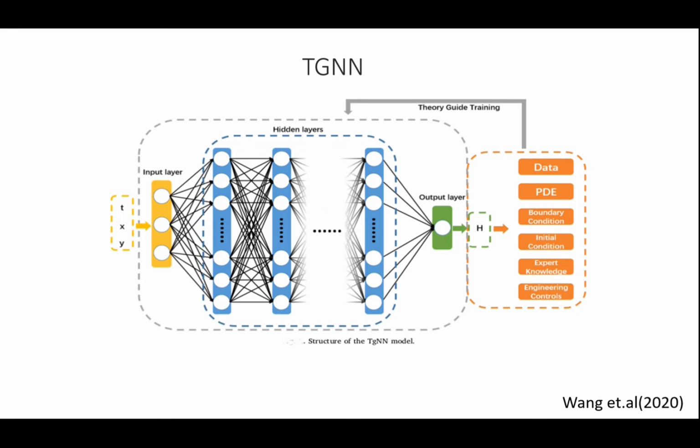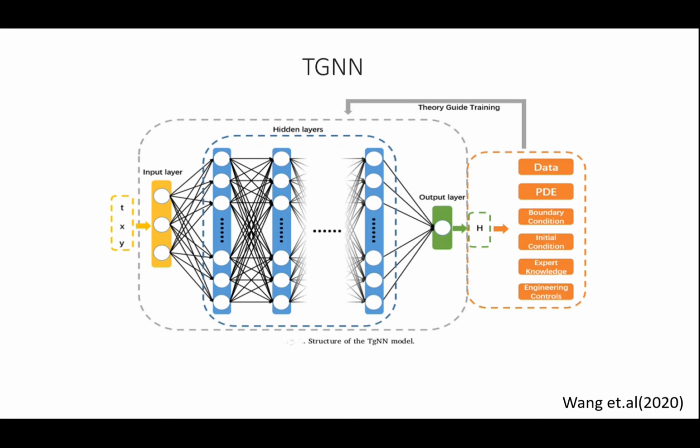This figure shows the architecture of a theory-guided neural network. It's very much similar to that of a deep neural network, but the difference comes from the fact that it incorporates scientific knowledge in addition to the data.